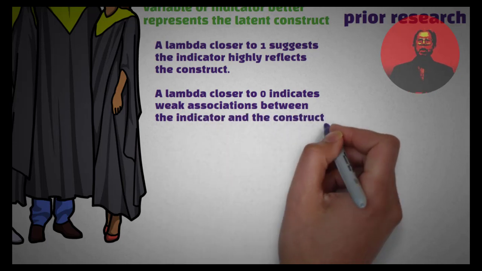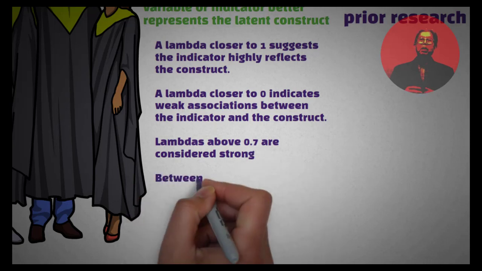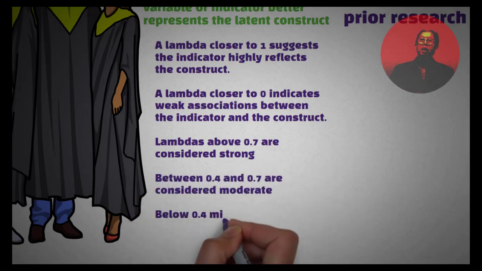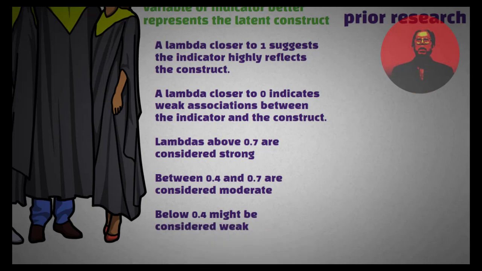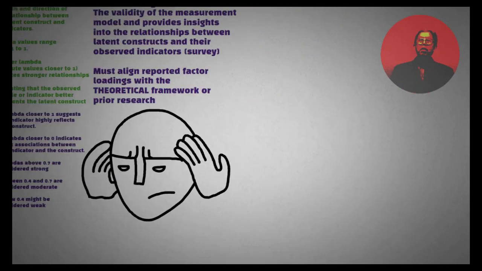Conversely, lambda closer to 0 indicates weak association between the indicator and the constructs. Lambdas above 0.7 are considered strong, between 0.4 and 0.7 are moderate, while below 0.4 may be considered very weak.